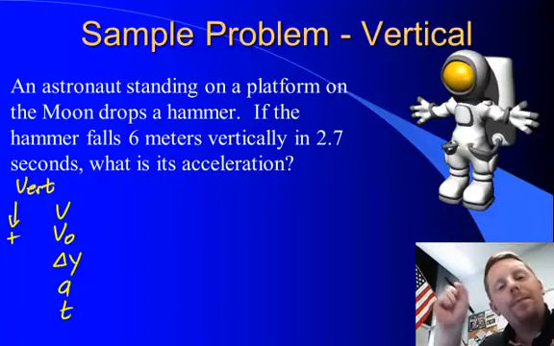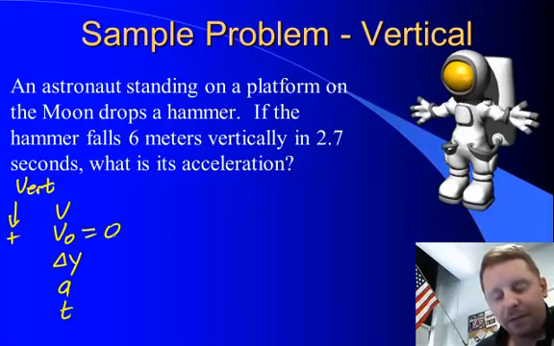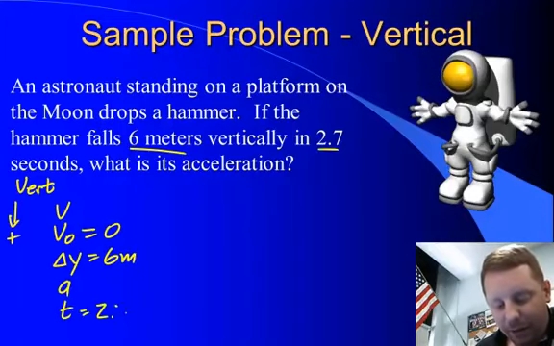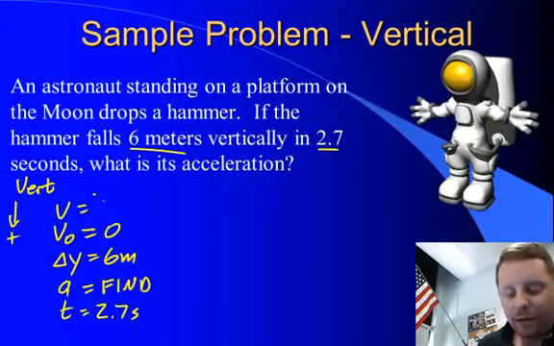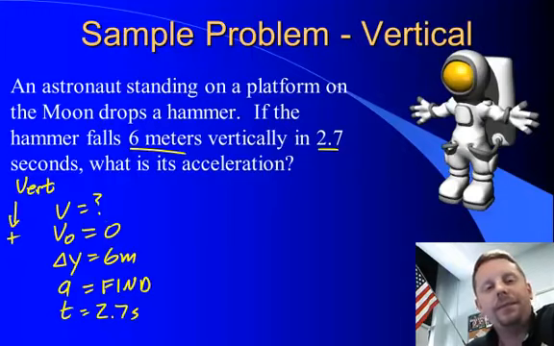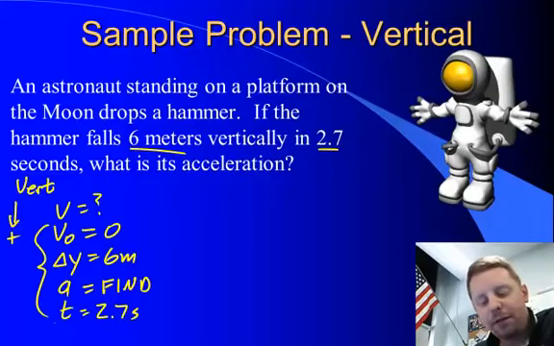If you drop something, its initial velocity must be 0, so we'll fill in v naught as 0. It falls 6 meters vertically, delta y must be 6 meters, in 2.7 seconds. Time elapsed 2.7 seconds. We're trying to find acceleration, and we don't know its final velocity. That's all right. We'll pick an equation that has as many of the things we do know as possible.